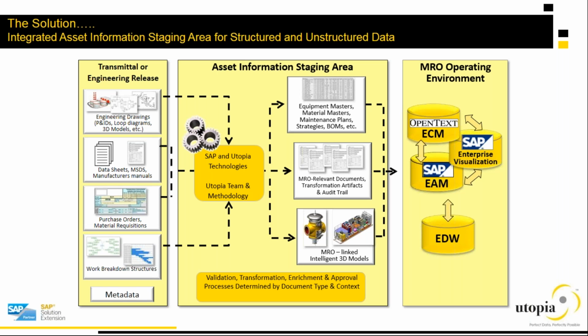It's something that exists now. What we've done is taken these systems, pulled them together to build a staging area that provides the ability to validate, transform, and govern the creation and change of documents, data, anything that's pertinent to that MRO operating environment.